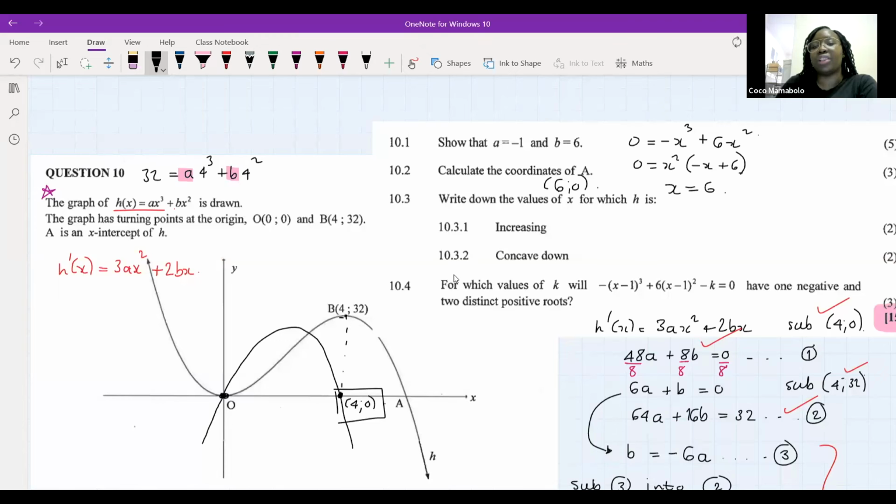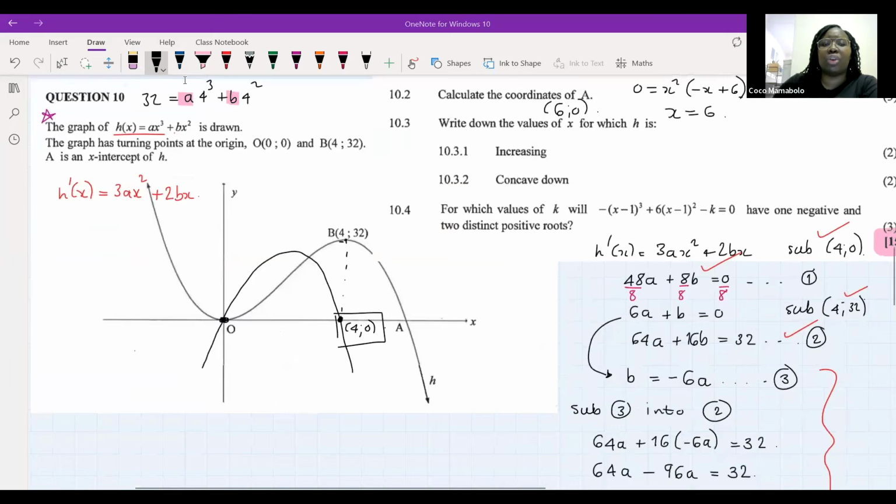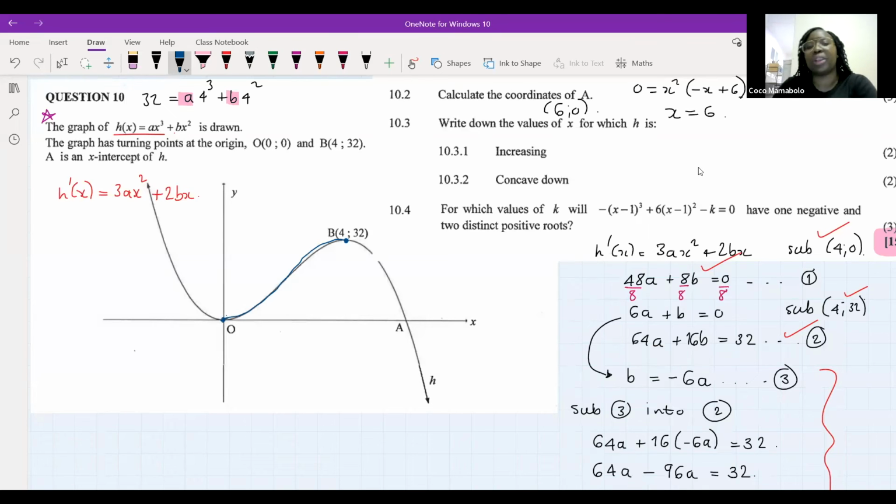Write down the values of x for which h is increasing. So we just need to look for parts of my graph where the graph is increasing. Which parts of this graph are increasing? From the origin to the turning point is increasing.